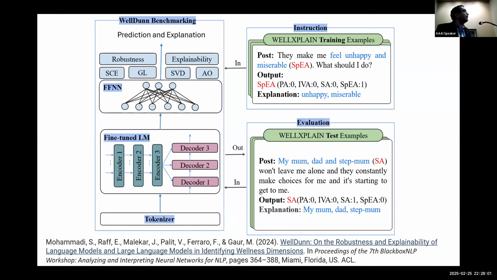In this framework, we try to check the robustness and explainability of language models. On the right side, we can see that we have a textual post, and we have the output, which is those labels for the wellness dimensions. For evaluation, we have the post and we ask the model to produce a label and explanation.